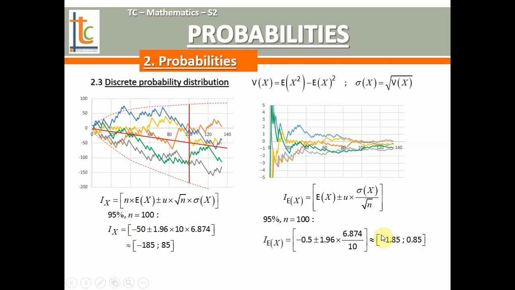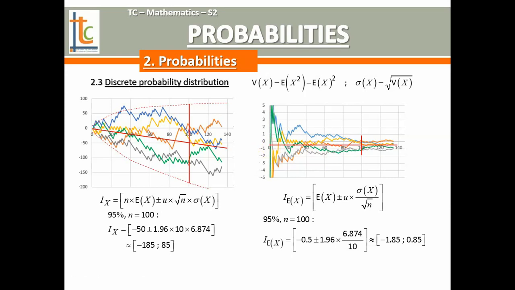And of course, the result is the first one divided by 100 here. On the graph, this is a red line, that is this one. And I have to draw again the central expected line that is centered at negative 0.5.